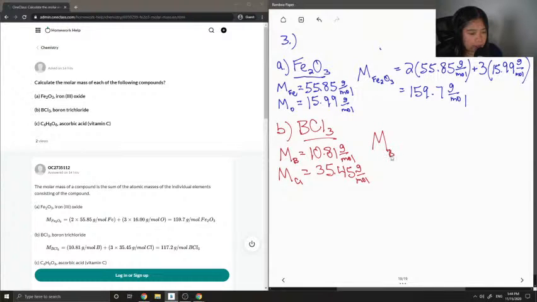So the final molar mass would be 10.81 grams per mole, plus 3 times 35.45. And you should get a final molar mass of 117.2.